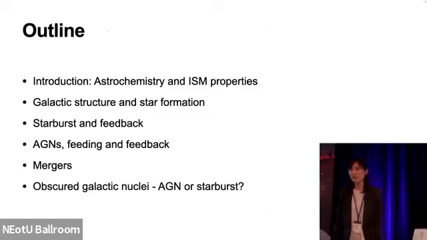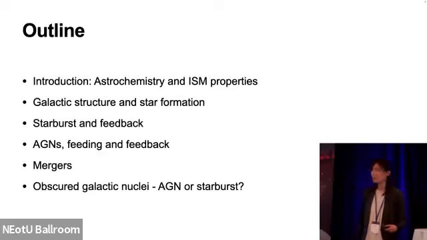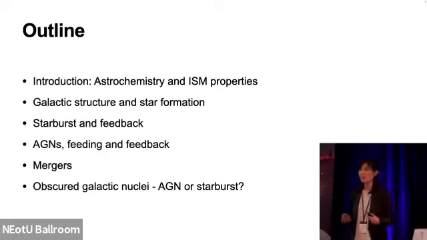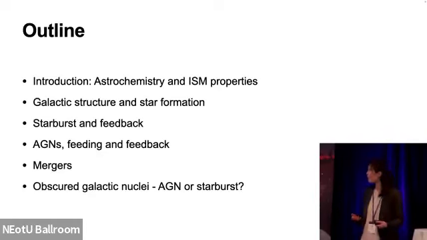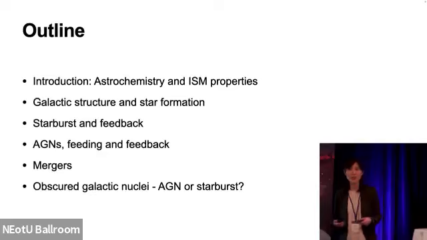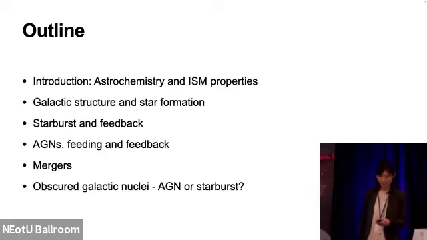So this is the outline of my talk. First, I'll make an introduction on how we can use astrochemistry to study the ISM properties, and then apply it to different galactic environments, such as different galactic structures, or places of extreme starbursts, AGNs, mergers, and extremely obscured nuclei.